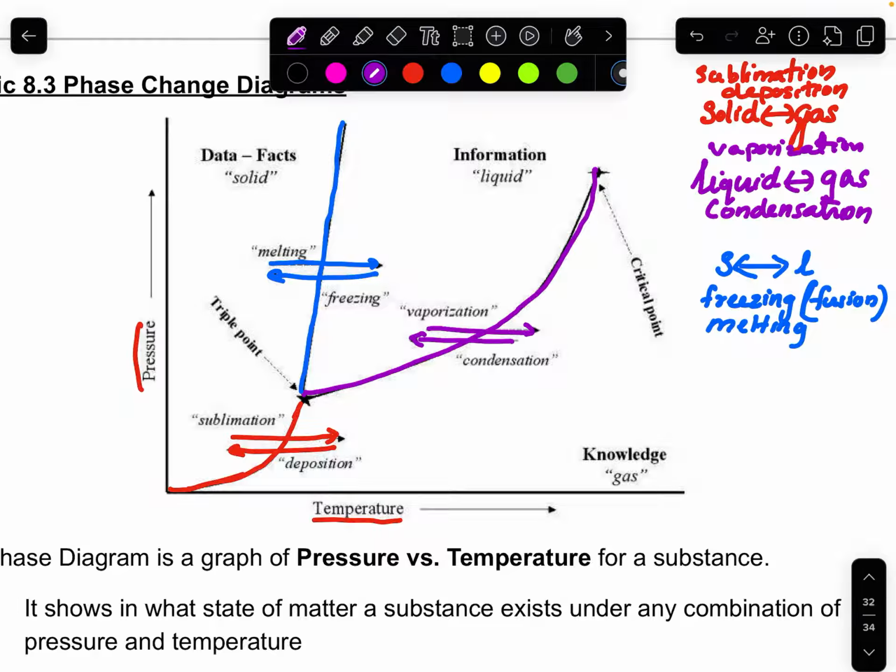Okay, so each line represents the phase changes and each area represents a state.